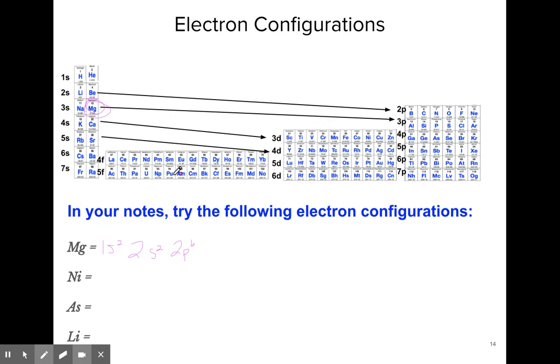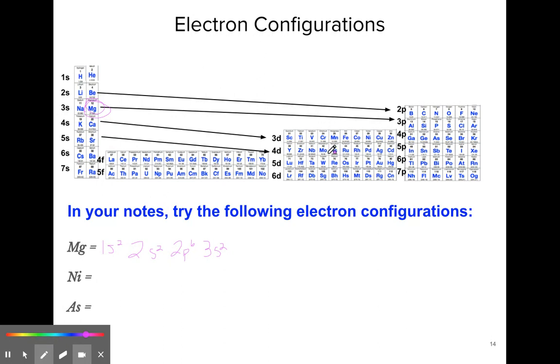And then after 2p6, that gets us to neon, so we come over here to sodium. Magnesium ends in the 3s sublevel, and it's the second element in, so we would end with 3s2. So that is the electron configuration for magnesium.